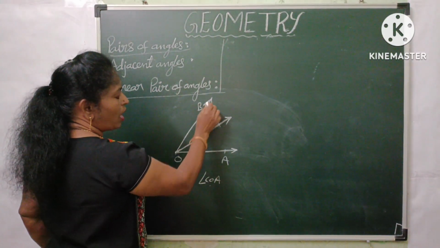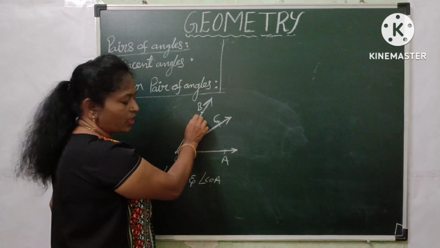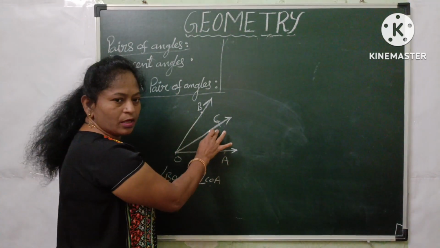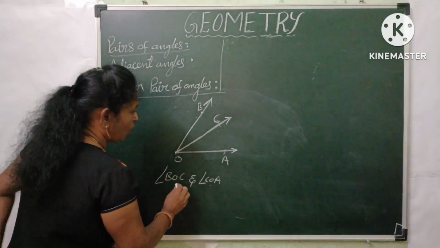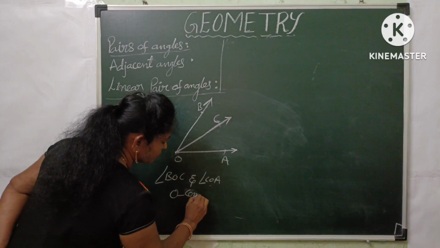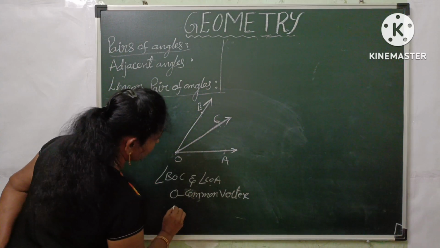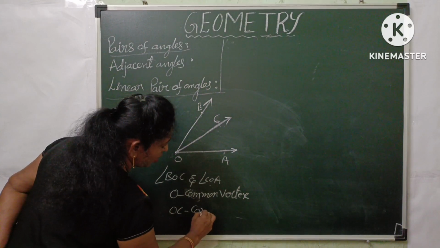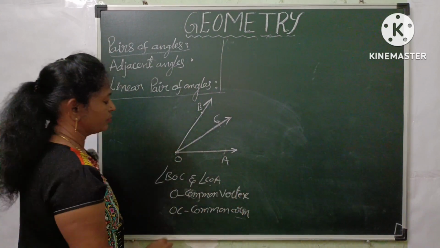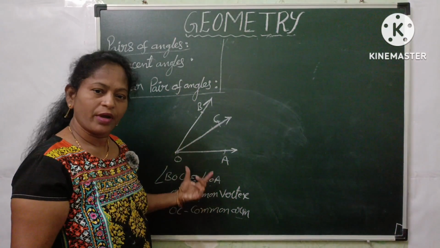OA and OB are on either side of the common arm OC. So OC is the common arm, O is the common vertex, and angles BOC and COA are a pair of adjacent angles.